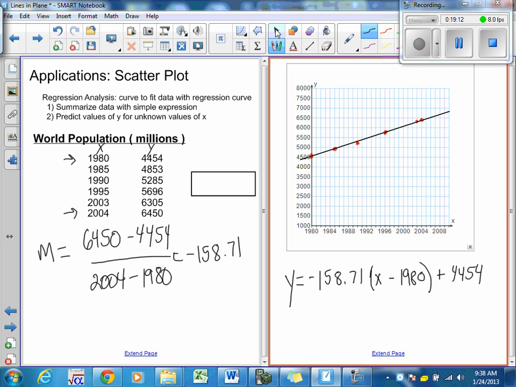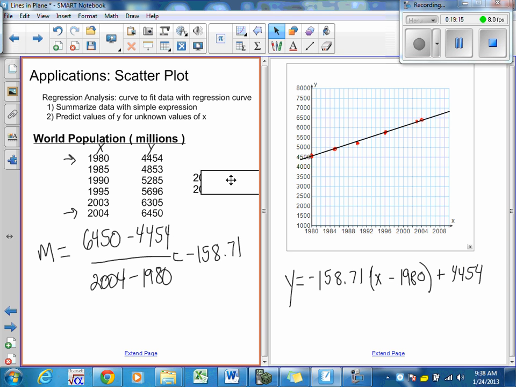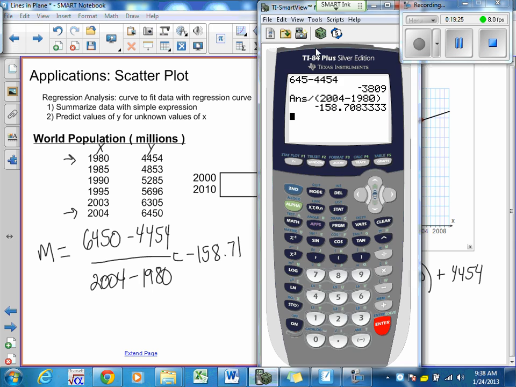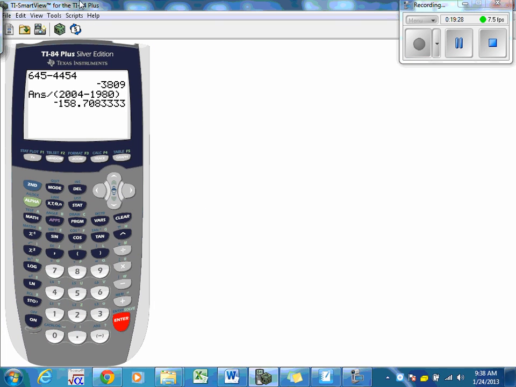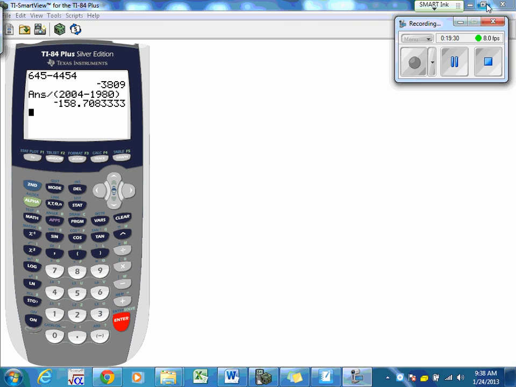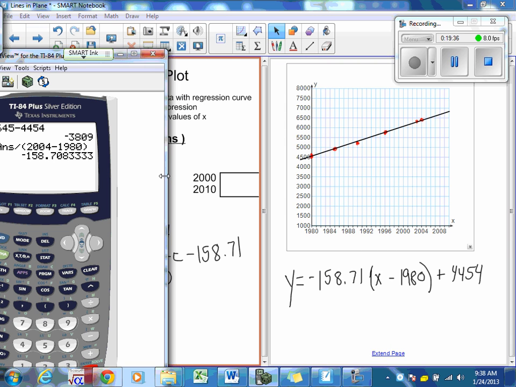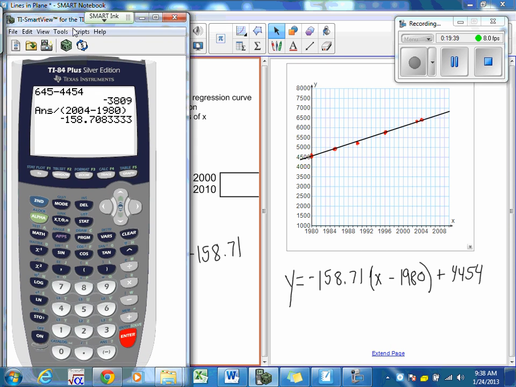So there's our equation. Now, if we looked at 2 years, 2000 and 2010, and we wanted to predict what was the population in those years. Now, what we could do is I could take that equation and I could say negative 158.71. I want to look at 2000. So I'm going to plug 2000 in for x.